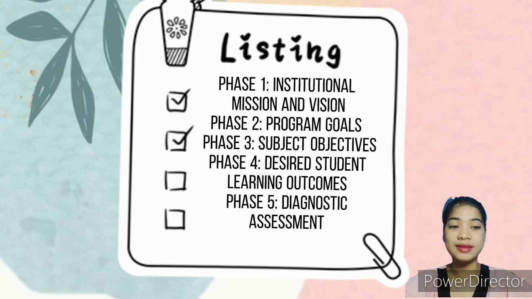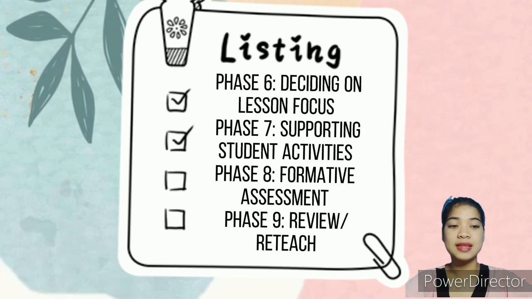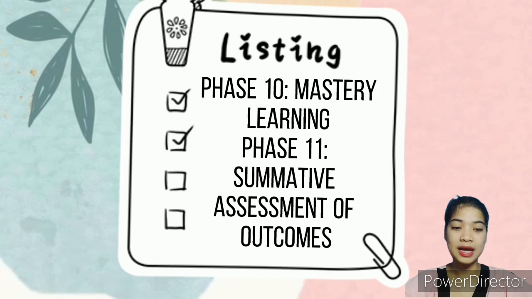Phase 5, diagnostic assessment. Phase 6, deciding on lesson focus. Phase 7, supporting student activities. Phase 8, formative assessment. Phase 9, review and reteach. Phase 10, mastery learning. Phase 11, summative assessment.